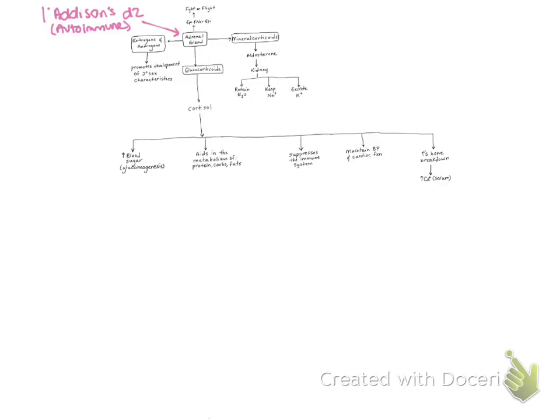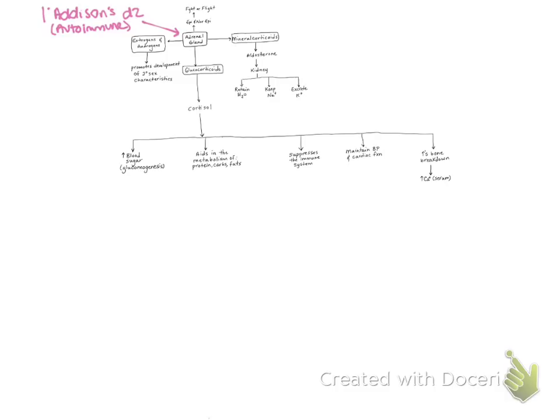So what happens is it's autoimmune, and whether they get tuberculosis, TB, and it destroys the adrenal, or the adrenal tissue is destroyed by antibodies against the patient's own adrenal cortex, or they develop a fungal infection or AIDS or cancer, some reason, and the adrenal gland is destroyed.